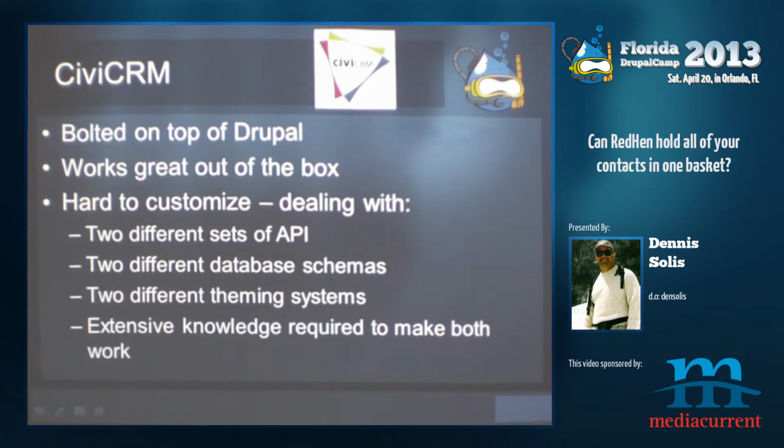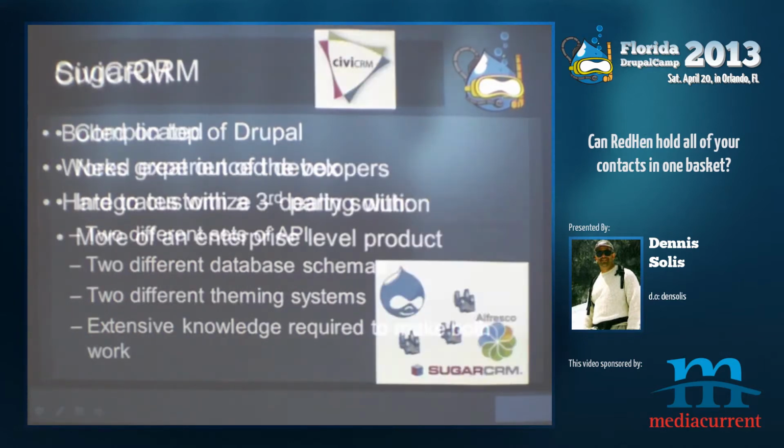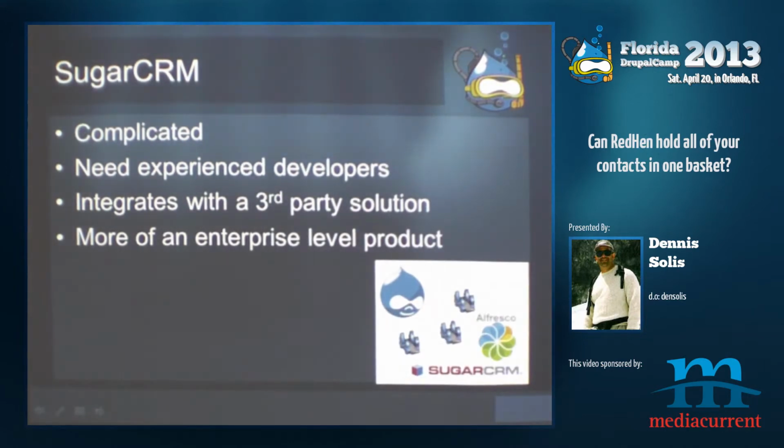You've got dual APIs, two different databases to work with, and theming systems. You need an awful lot of experience and knowledge to go in there and modify Civvy CRM. Sugar CRM is also good, but it's just kind of a bigger project, for the big guys, the enterprise level stuff.